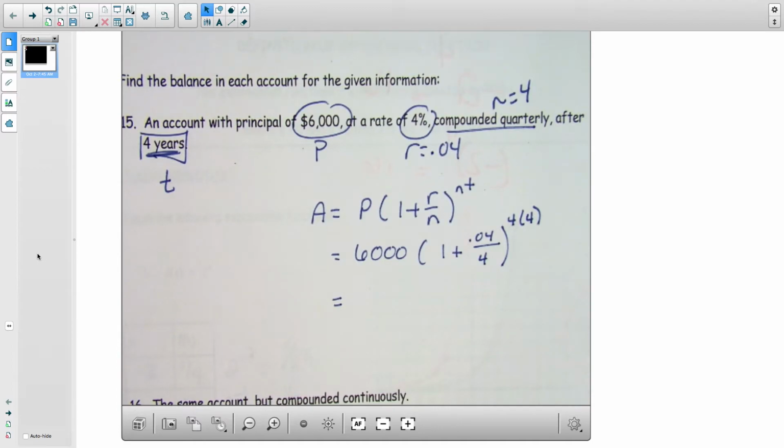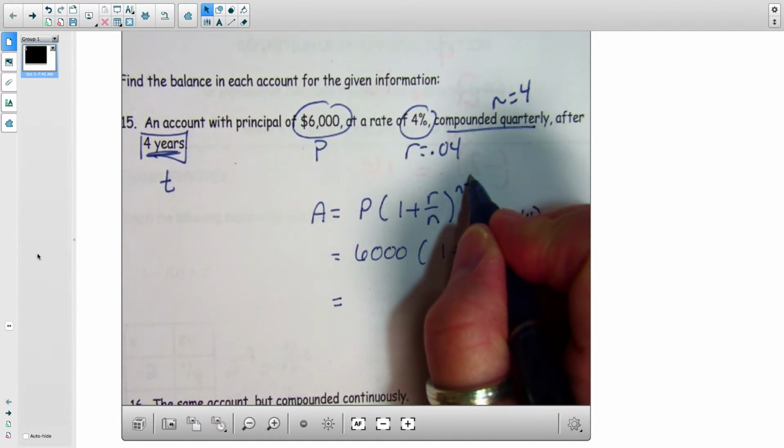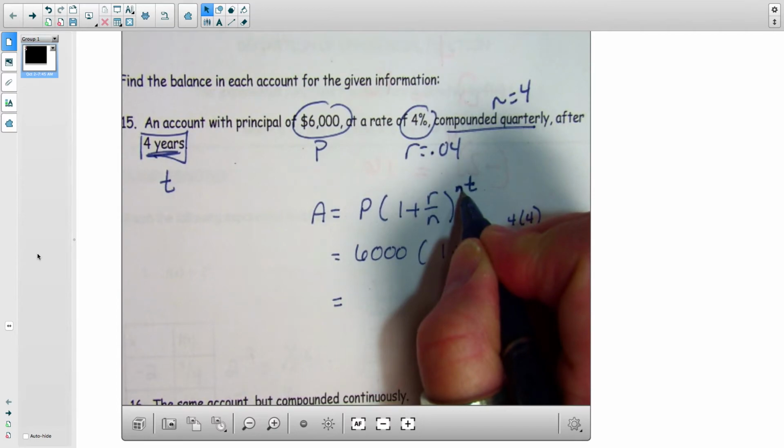Or 12 divided by 4. Quarterly, that's every 3 months, so that's 4. Was that a T or a plus over where it says N? End of the T, that's a T. Okay. It's N times T.